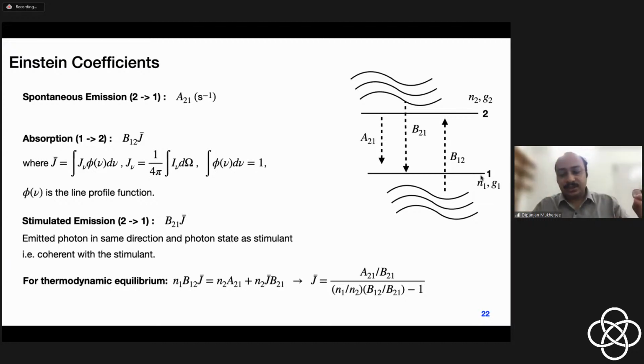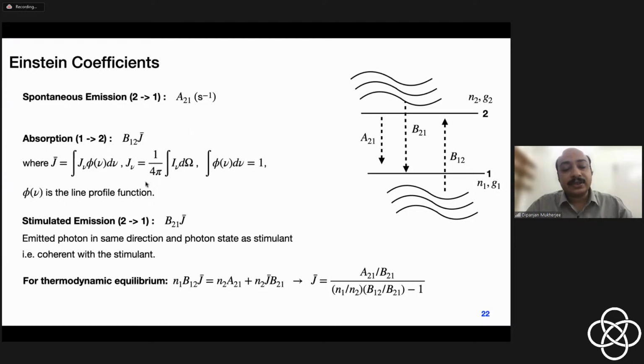So the energy at the state 1 is not definite and discrete. And this is again coming from the basic quantum mechanical description of how particles are. So we always have a finite width associated with any energy level. And this is what this phi nu function gives, which is in other words called the line profile function.